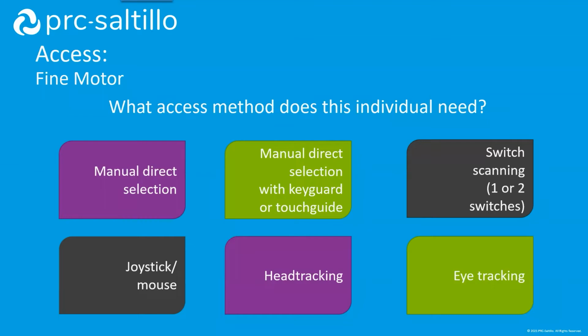It could be touch access, input instead of direct selection, but how are they accessing that device? And then what are those skills that dictate why he needs a key guard, why they're going to need head tracking, why they might need switch scanning. Extrapolate that information from the OT eval if they have that, or your observations, but you don't have to copy and paste a whole section.